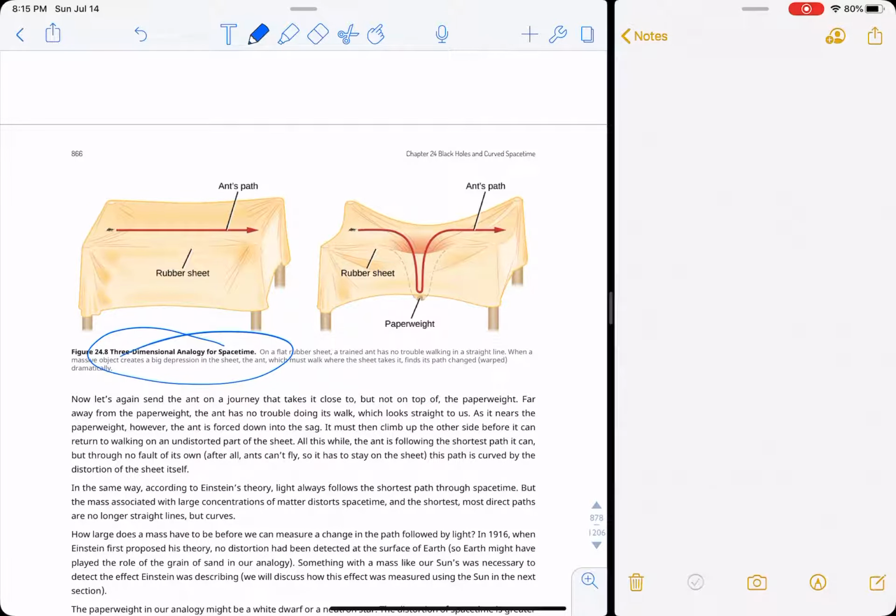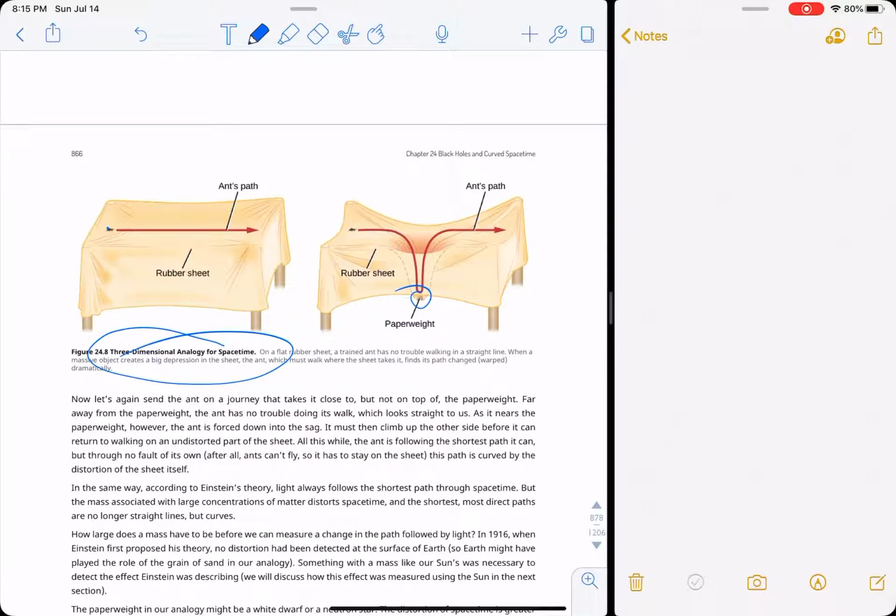So an ant walking along a rubber sheet, so this would be flat, empty space. An object would continue straight and nothing bad would happen. If you dropped a rock or a paperweight or something onto your rubber sheet, it's going to get this curvature. So if you rolled a ball here, it would kind of get deflected around it. Suddenly, you have this weird mass warping space.